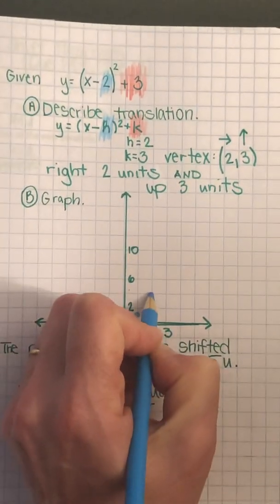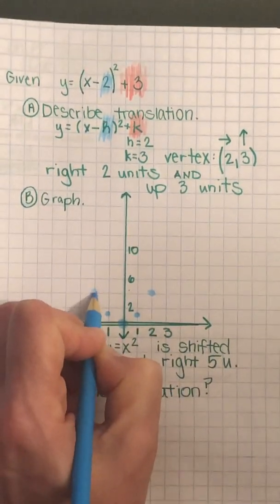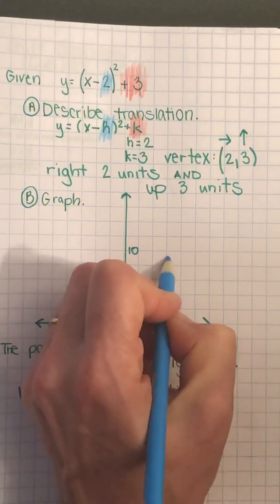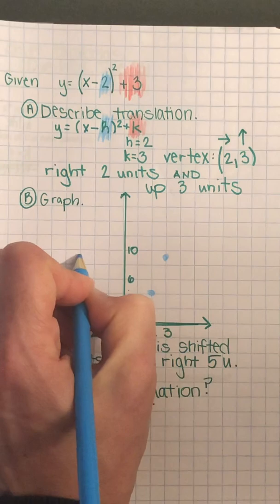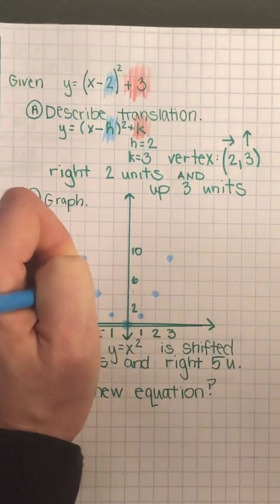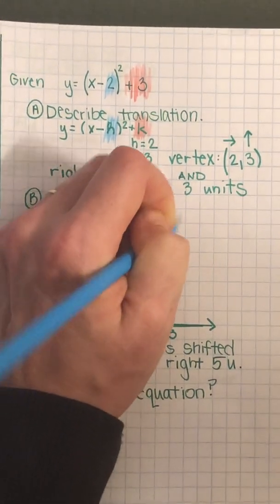And then 2, 4. Again, this is my parent, and then 3, 9. So that's 8, so 9 is in the middle. And then negative 3 times negative 3 is a positive 9. So this is that basic parent function, and I'll draw it in and make it kind of light.